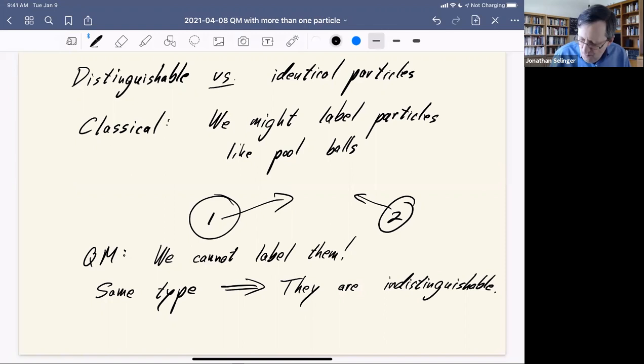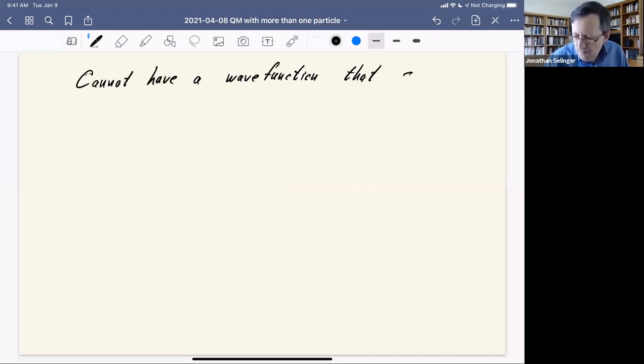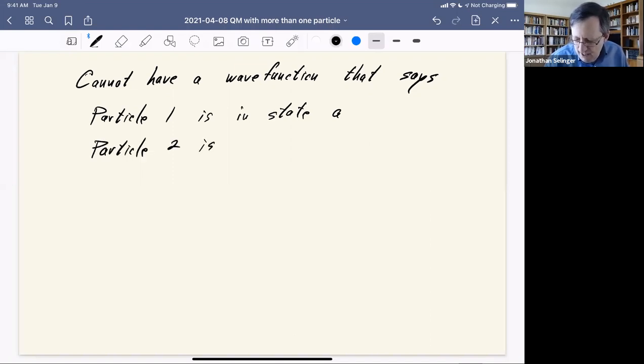So what it means for particles to be indistinguishable is that we cannot have a wave function that says particle 1 is in state A and particle 2 is in state B. Because that's sort of making a distinction.